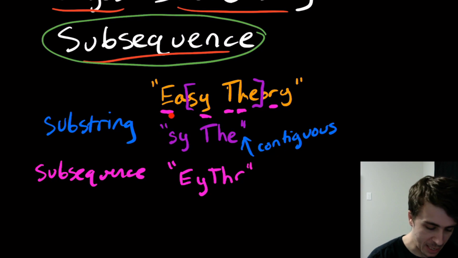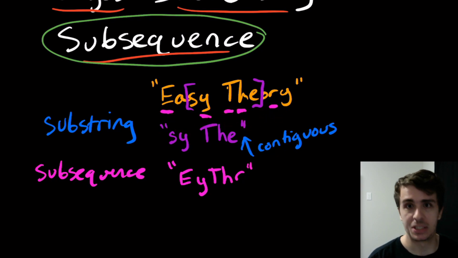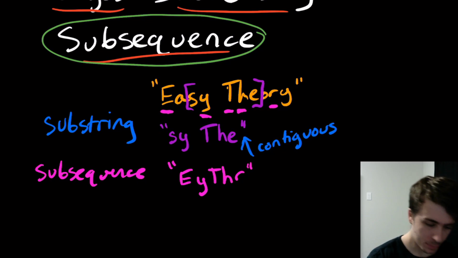It's just picking some elements. You can think of it as picking a subset of the positions in the string. This is not contiguous, but it doesn't have to be.